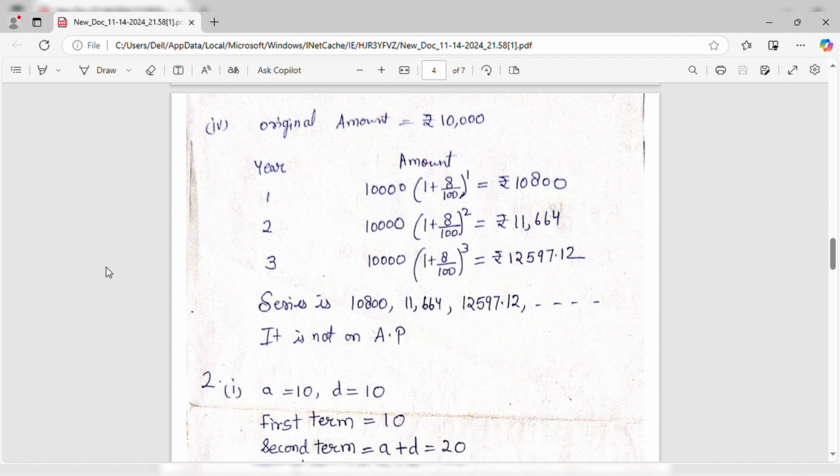For the second year, or you can say after 2 years, the amount would be 11,664, and after 3 years it would be 12,597.12. So the series formed is not an AP since the difference between the terms is not the same.